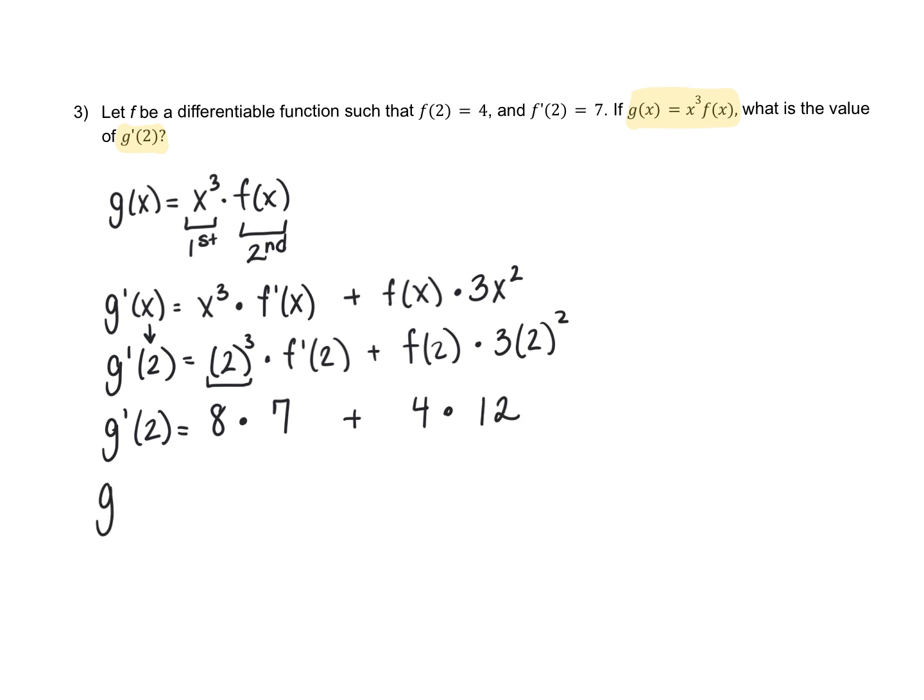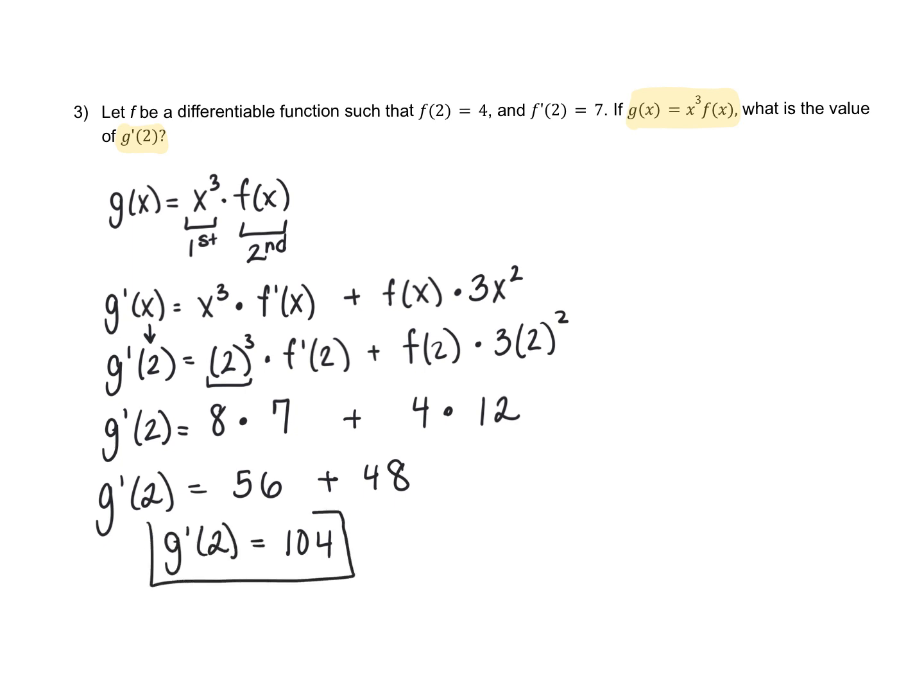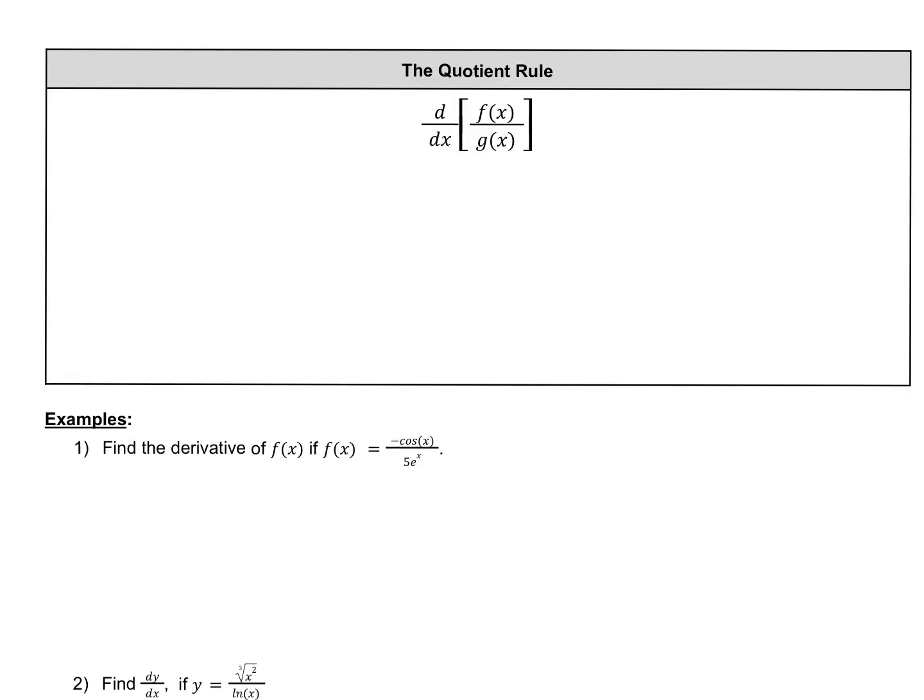So g prime of 2 is 8 times 7, which is 56, plus 4 times 12, which is 48. So if you do a little quick math, that is 104. So g prime of 2 equals 104. And that's it.